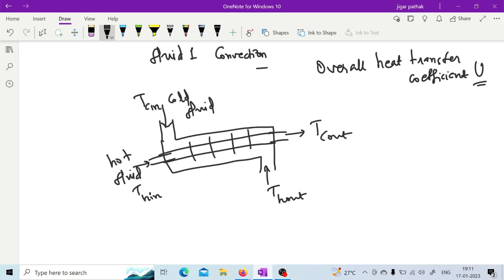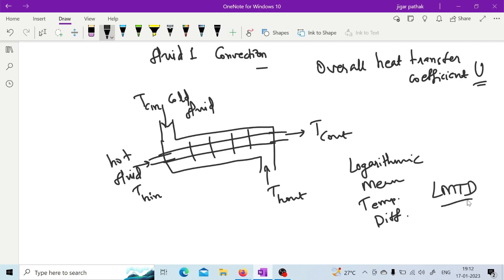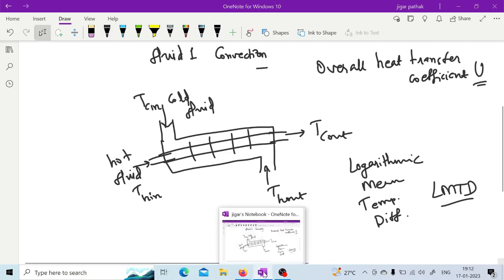So what we are doing is taking the mean temperature difference, and not the arithmetic mean; generally the logarithmic mean temperature difference is considered in heat exchanger, which is known as LMTD. So this is how you have some basic idea about heat exchanger and heat transfer in these heat exchangers.